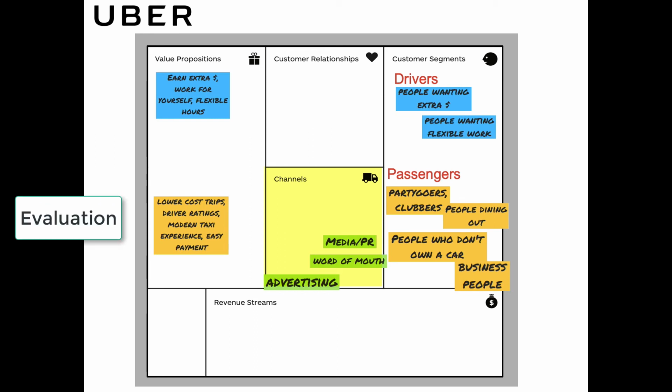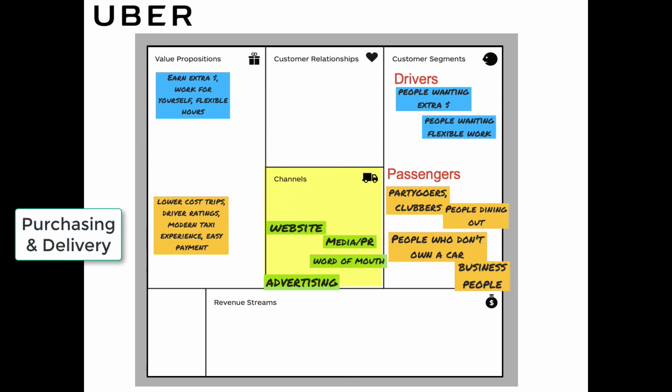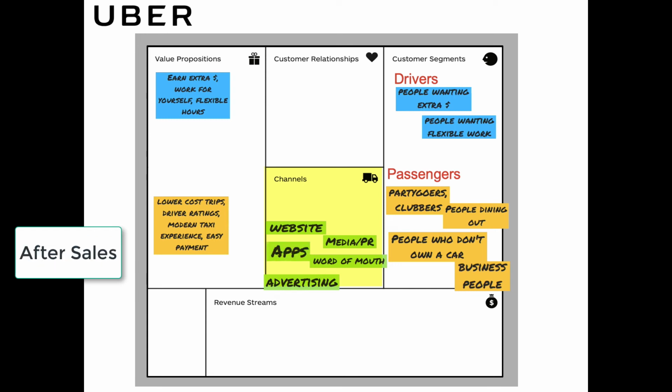In terms of evaluation, so converting people who might become customers into actually customers, again, word of mouth and information on their website are key here, as well as free trials that they offer. When we get to the purchasing and delivery side of things, the app is their key mechanism here. And then when it comes to after sales, we've got customer support and the reviews and ratings system.